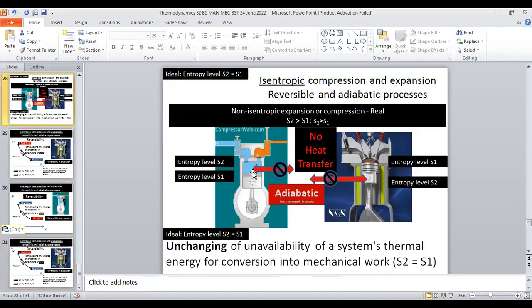So I will add the no heat transfer. Adiabatic.